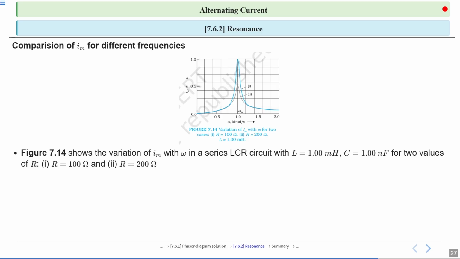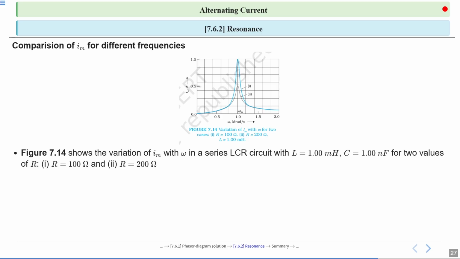These curves are showing peaks at the resonant frequency. And you can see when resistance is 100 ohm, the sharpness of this peak is more as compared to when resistance is 200 ohm.